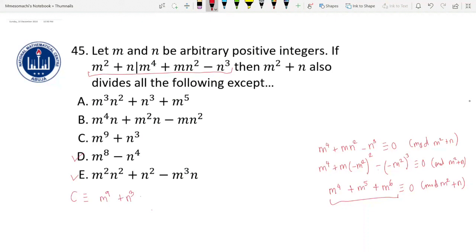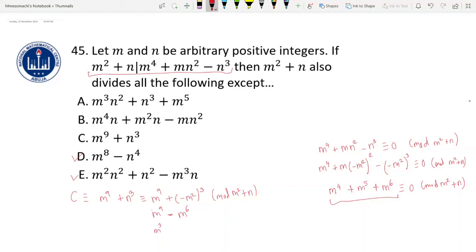And so this is equivalent to m to the ninth power plus, so just put negative m squared cubed, mod m squared plus n. So we have m to the ninth power, and this will become negative m to the sixth power. Okay. And we can do a difference of two cubes here.